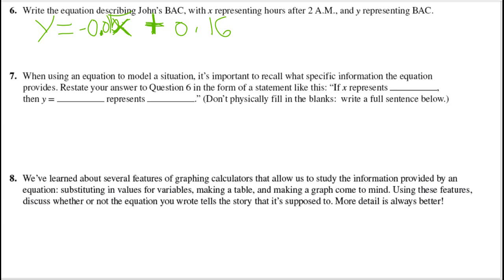Negative 0.015x plus 0.16. Okay, so we found the slope. We multiply the slope times x. We add the y-intercept. In some cases our y-intercept is going to be negative. We can still say we're adding a negative y-intercept, or you could say you're subtracting the y-intercept. But generally we add the y-intercept. Restart the video once you've done question 7.